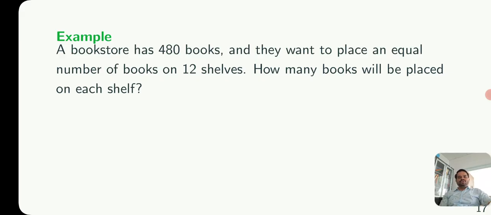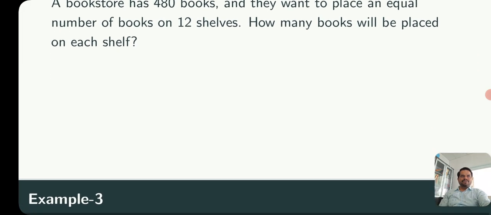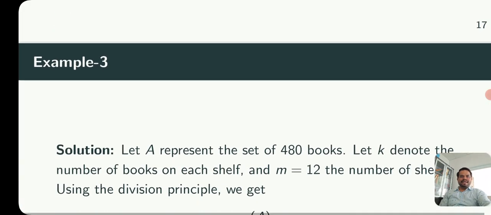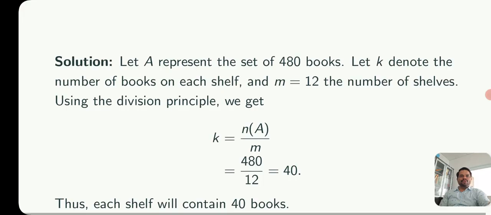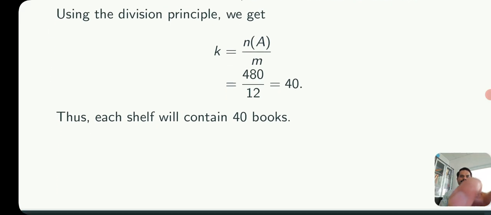Look at here the solution of this example. We represent A as the set of 480 books and K denotes the number of books on each shelf. Since there are 12 shelves, we have M is equal to 12, and according to the division principle, you can write 480 divided by 12, which is equal to 40, and thus each shelf will contain 40 books.